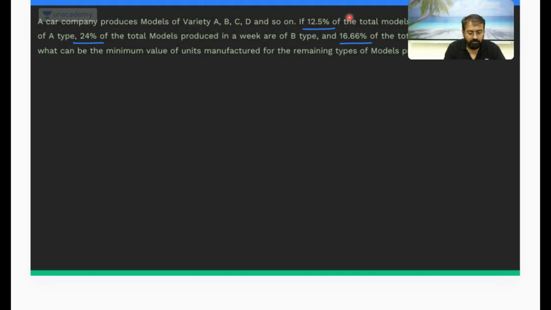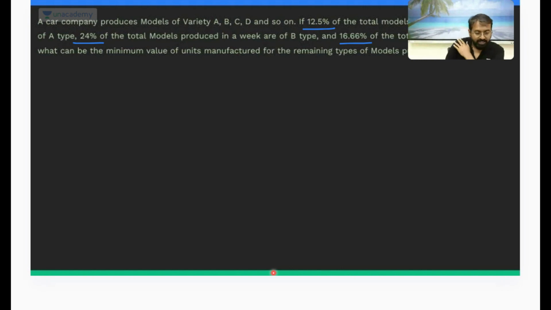Come on, guys. Similar question, guys. Thoda sa yahan pe change kiya hai. If you answer this question correctly, you are through. Trust me. Matlab bahut sahi hai.